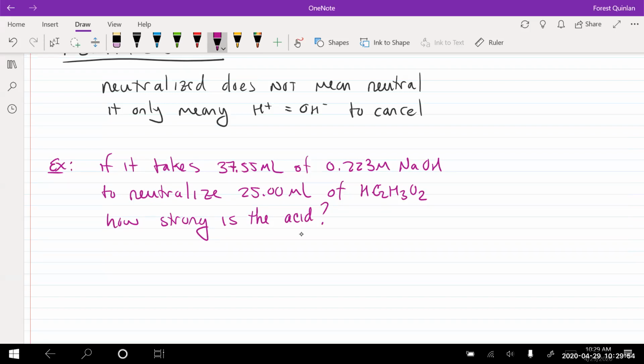Okay. So we have a certain volume of sodium hydroxide that was needed to neutralize some vinegar.